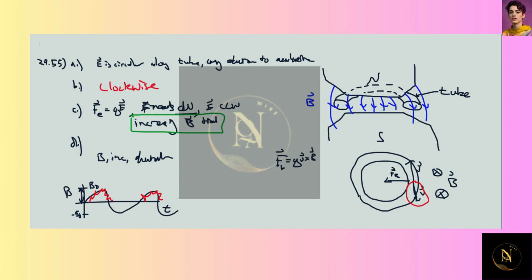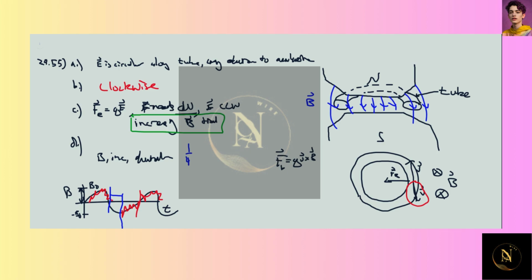That cuts out half of a whole wavelength. Now, when it's pointing downward, we need it to be increasing and downward. Well, that cuts out this half. So the only section where the electrons can accelerate is this section, which is a quarter of the whole wavelength, which means it's a quarter of the time.